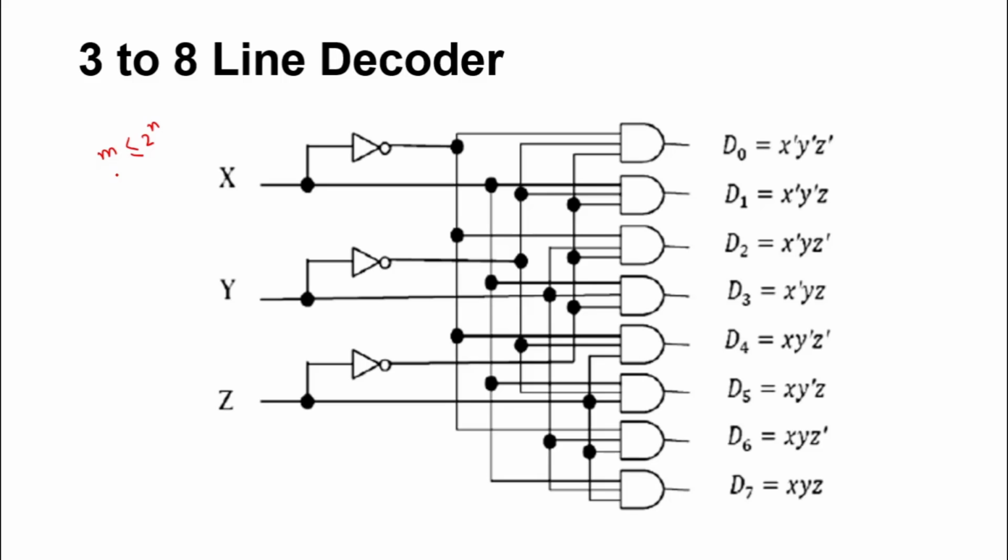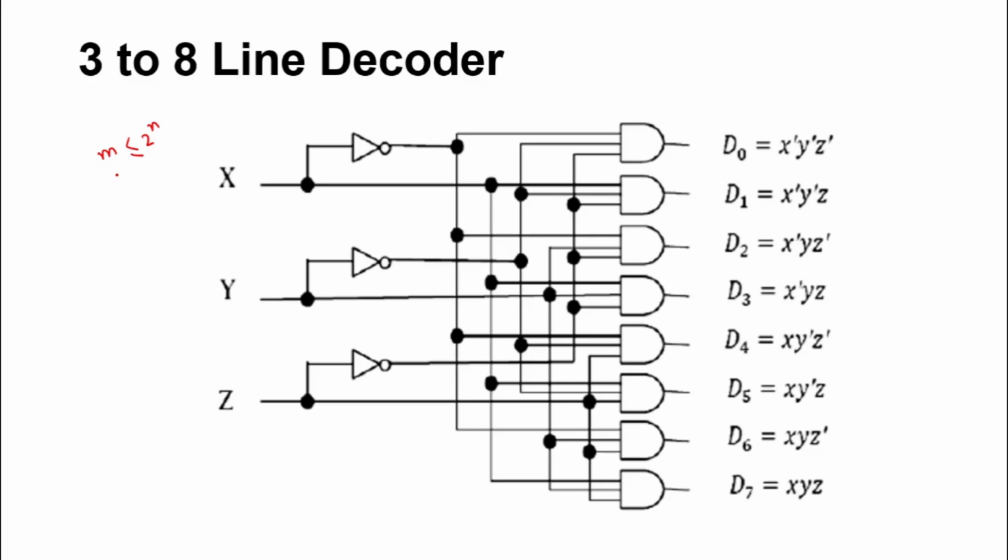A particular application of this decoder would be binary to octal conversion. The input variables may represent a binary number, and the output will then represent the 8 digits in the octal number system. So the 3 to 8 line decoder can be used for decoding any 3-bit code to provide 8 outputs.